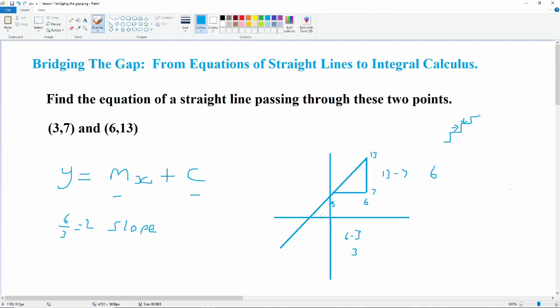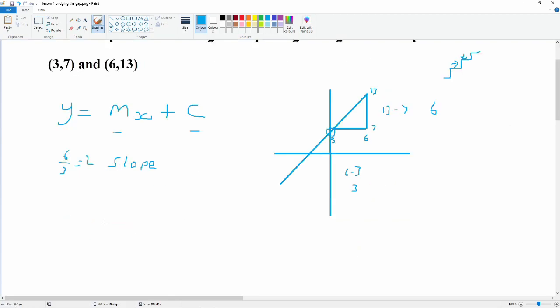Now our y-intercept, that's the point where x equals 0. That's where we intersect the y-axis. So we're calling that c. So let's write this equation out. y equals 2x, because we know the slope is 2 now, plus c. How are we going to find this c?